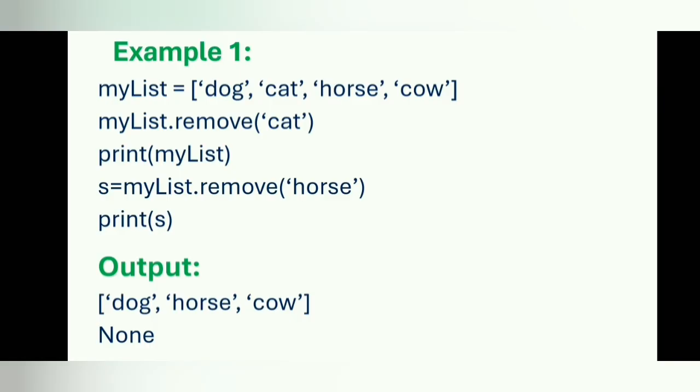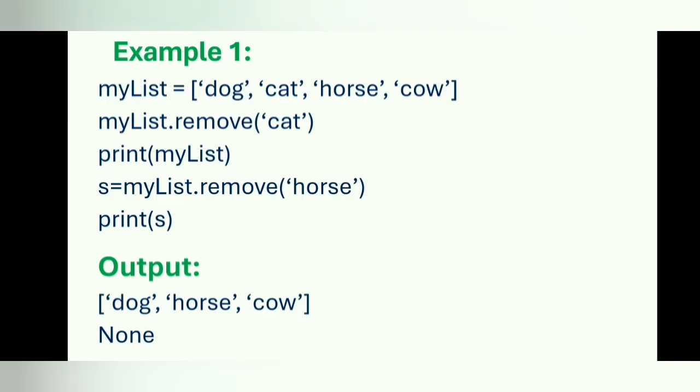When the method finds the first occurrence of the value, that element is deleted from the list. If the method successfully removes an element, the list becomes one element shorter. The print statement print(myList) will print the output. The output is dog, horse, cow. Here cat is removed from the list.